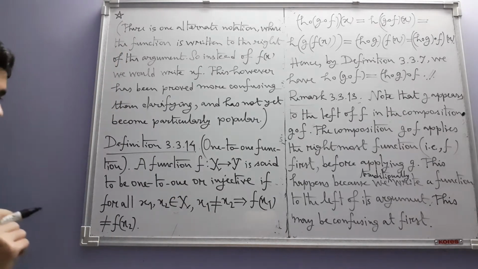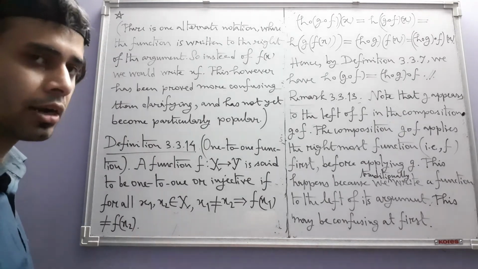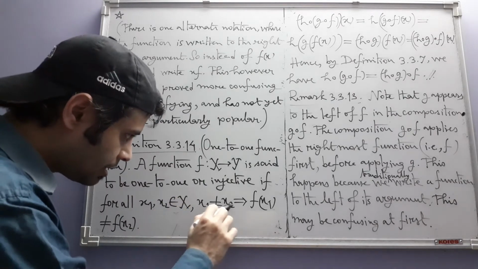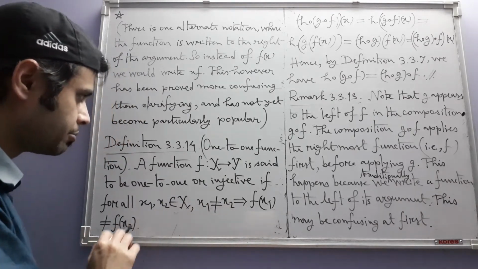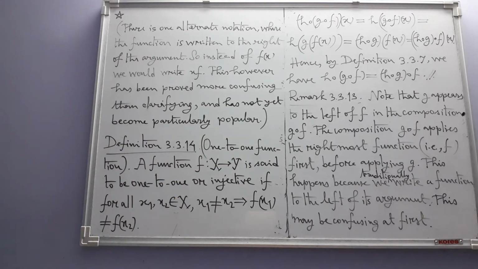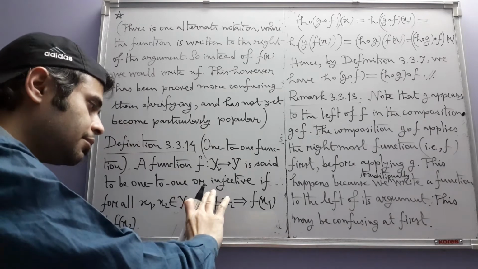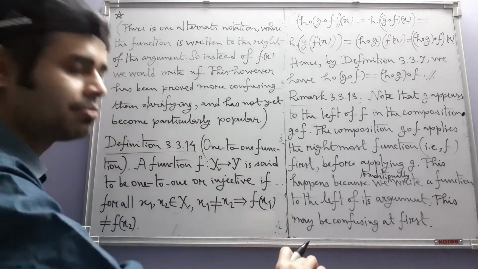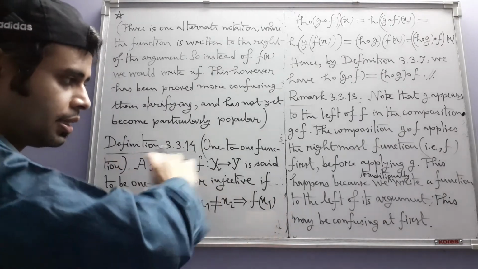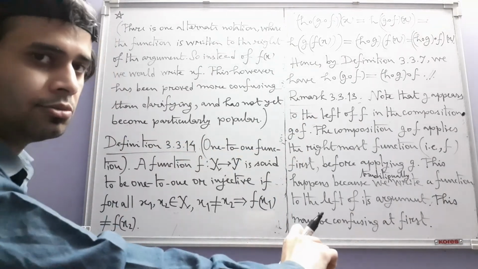However, we mentioned that unequal inputs don't necessarily imply unequal outputs. But if unequal inputs imply unequal outputs, then such functions are said to be one-to-one or injective functions. So in a one-to-one function, two different inputs will never have the same output. They are one-to-one, not many-to-one.